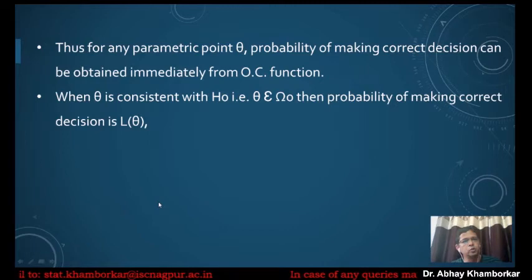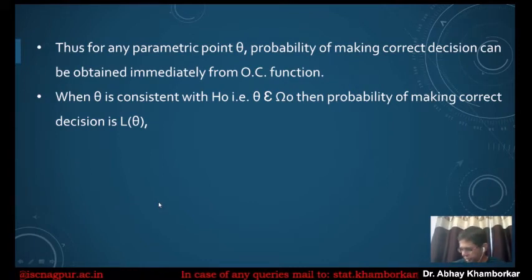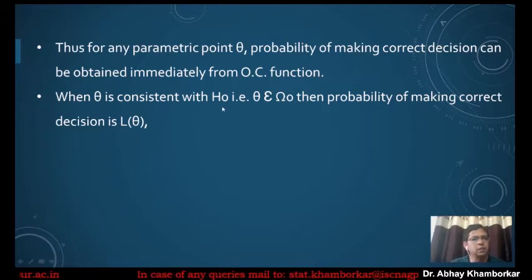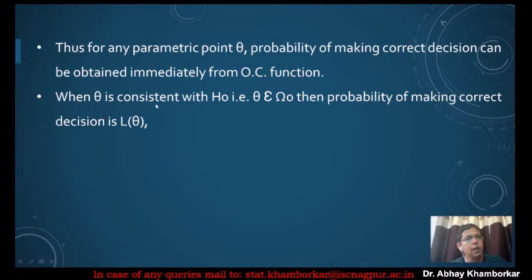So there are two possible decisions, and there are two possible natures of the hypothesis also. When I am saying that theta is consistent with h naught, it means that h naught is true.